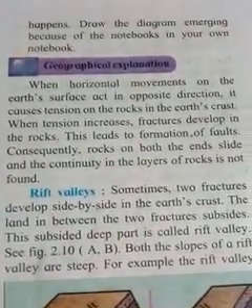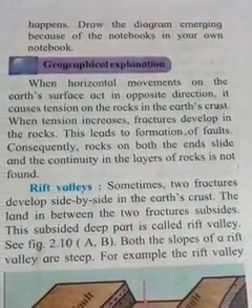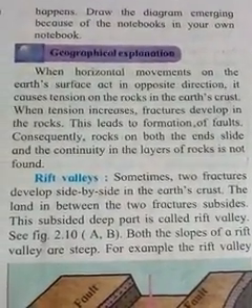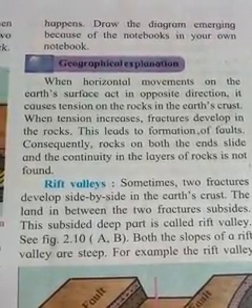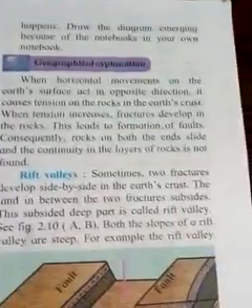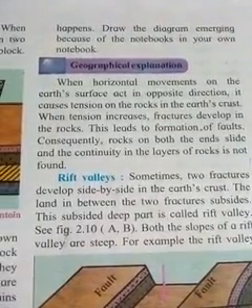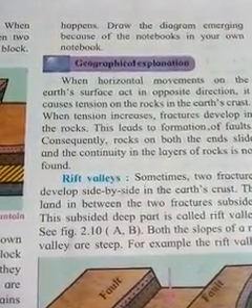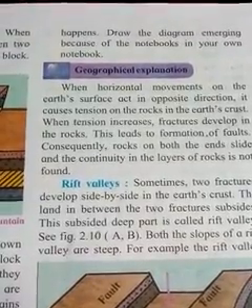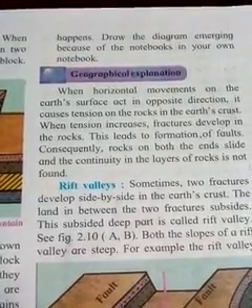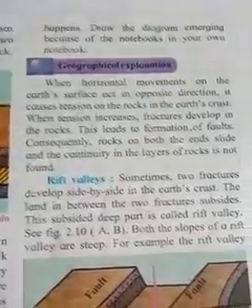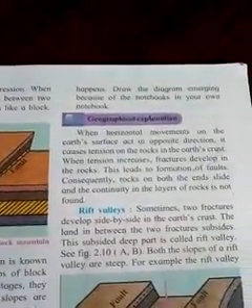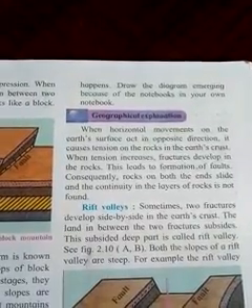That means when horizontal movement occurs on the earth's surface in opposite directions, it causes tension on the rocks in the earth's crust. When the tension increases, fractures develop in these rocks.